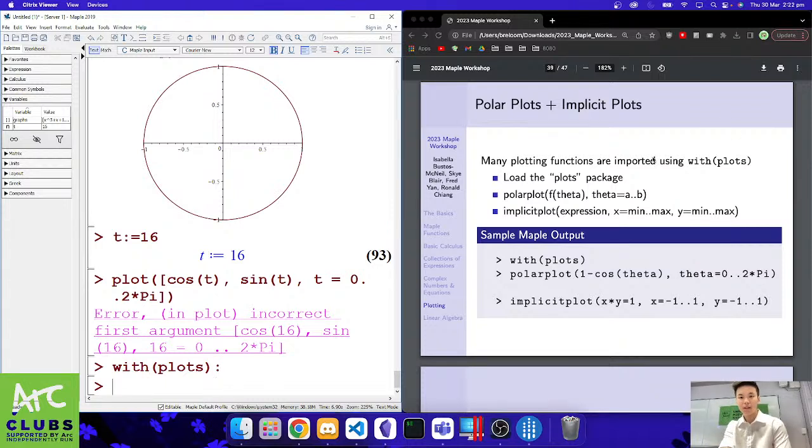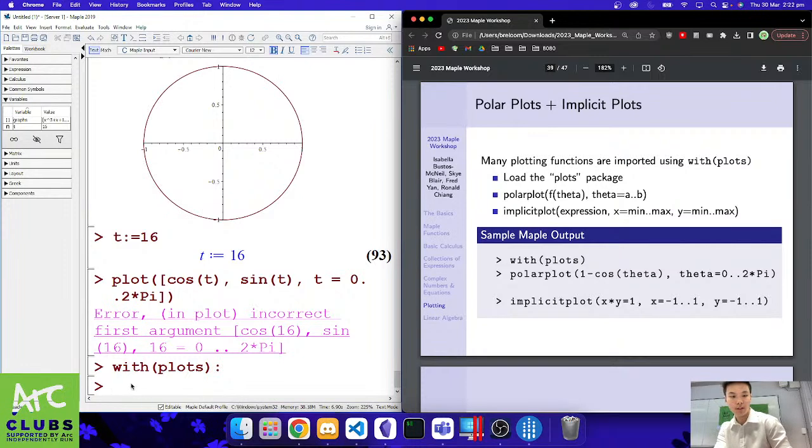The first is our polar plots, and that's called by the command polarplot. The first parameter is going to be our function in terms of theta, and the second one is where theta ranges from.